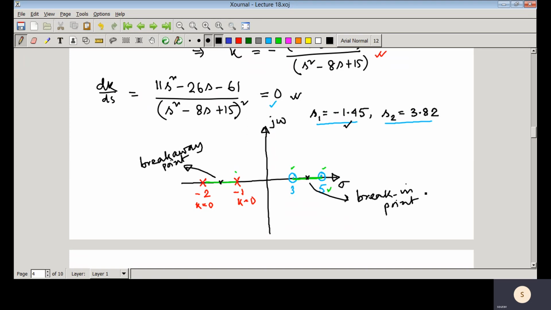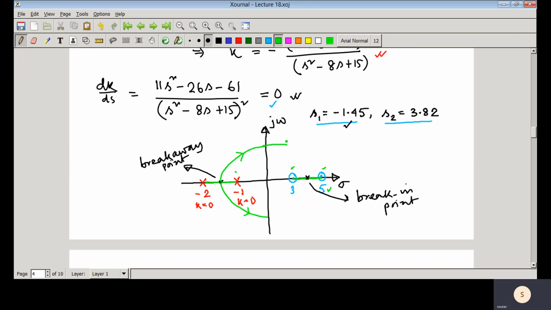If you start increasing the value of K, then at that particular point two roots become complex and start going away from the real axis, as this arrow shows.